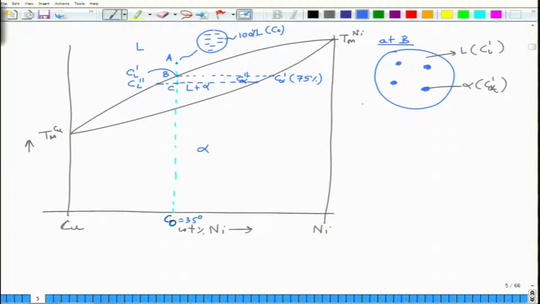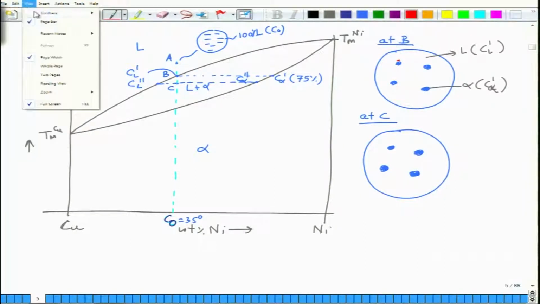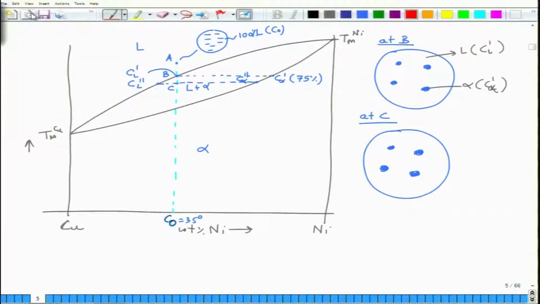But what happens in reality is that the first solid which had formed was this. Now the next solid is going to form around this already formed nuclei as this layer. So the next solid will form around this.